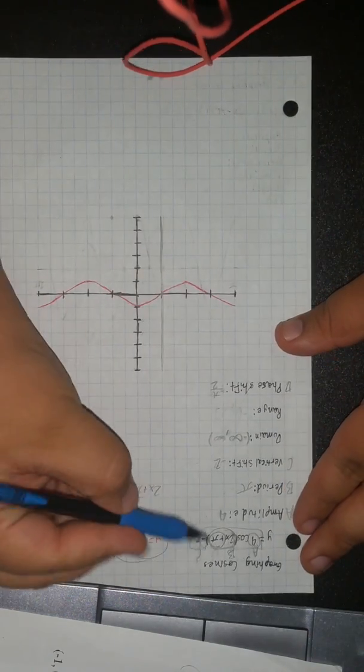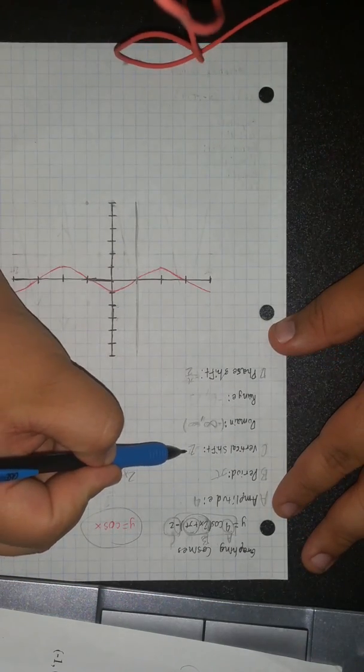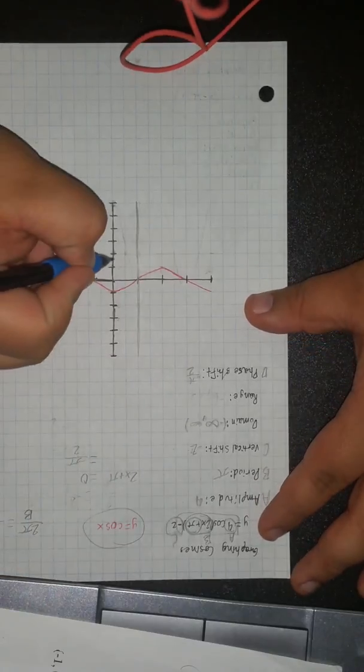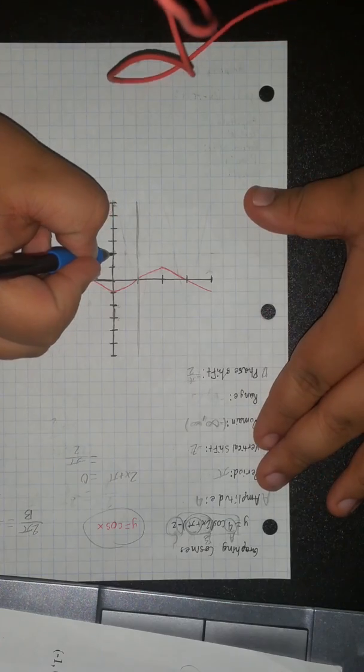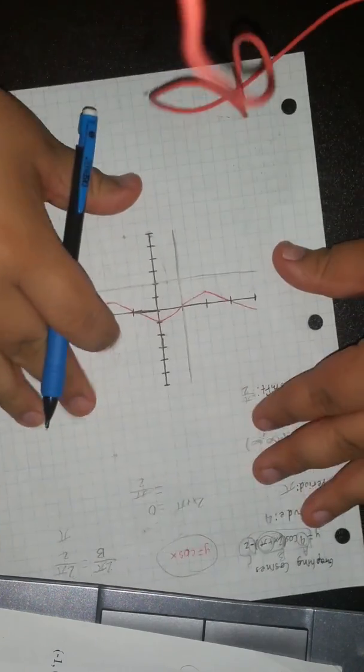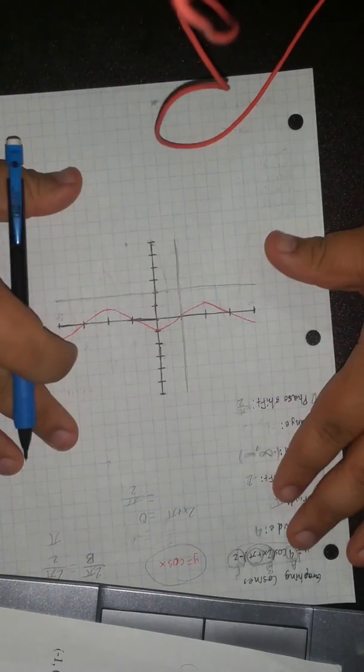So then you have your vertical shift, which is -2. That means that you start your entire chart on the y-axis of -2. So this becomes your new x-axis, so to speak.